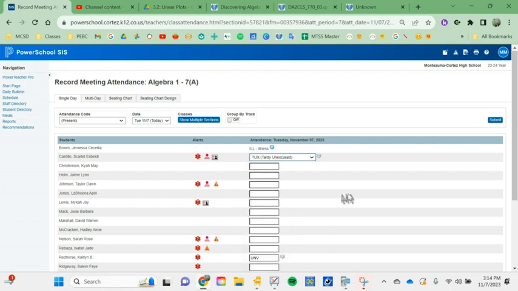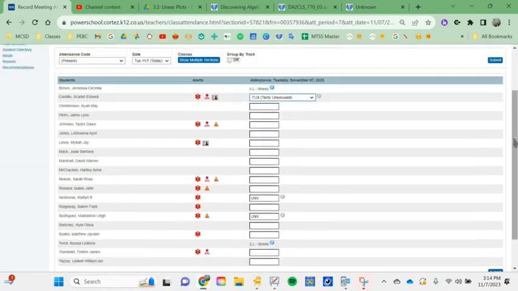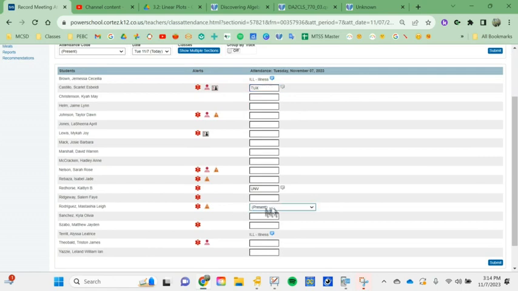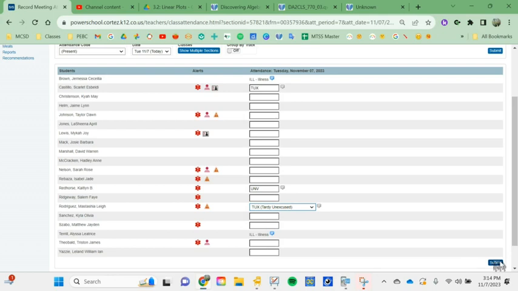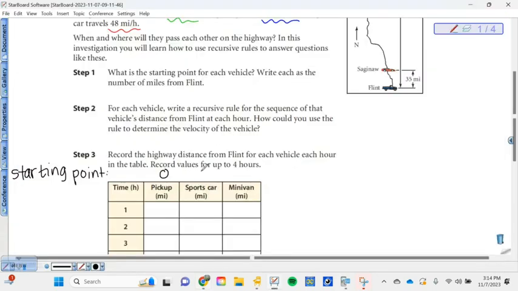Good, 35 miles from Flint in Saginaw. And then what about the minivan? Perfect. So the sports car is starting 35 miles from Flint, and the minivan is starting 220 miles from Flint.